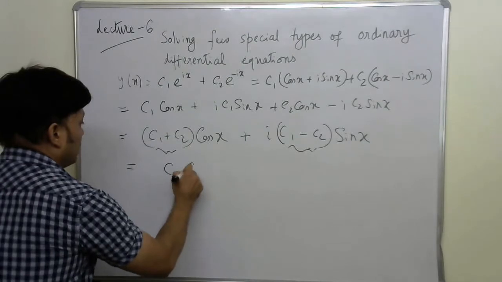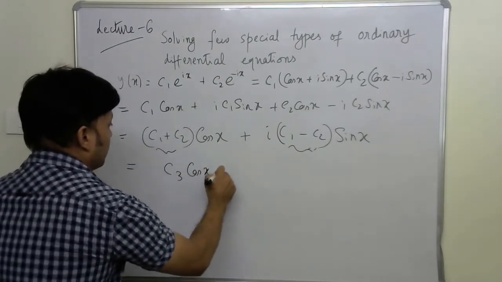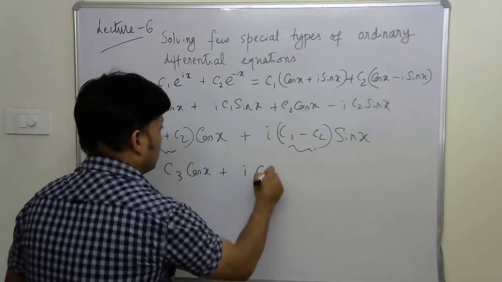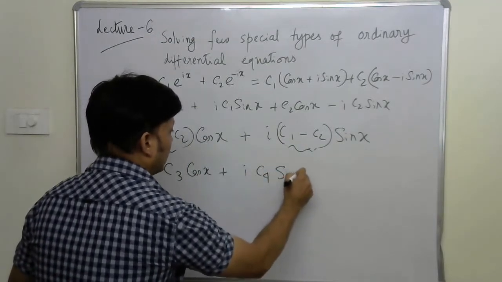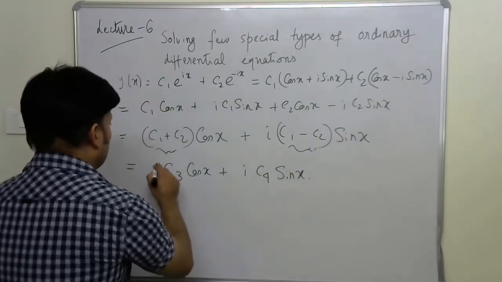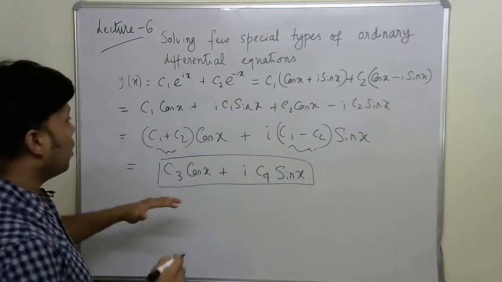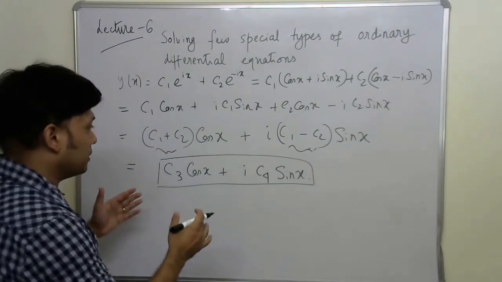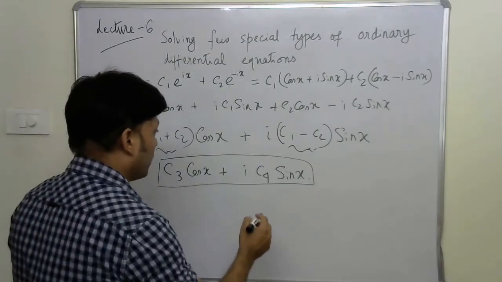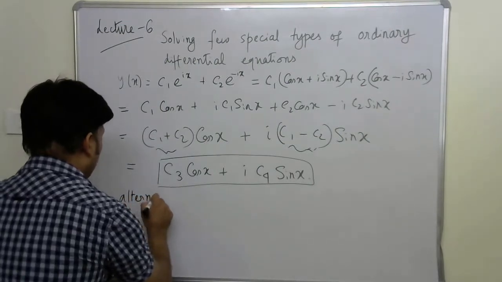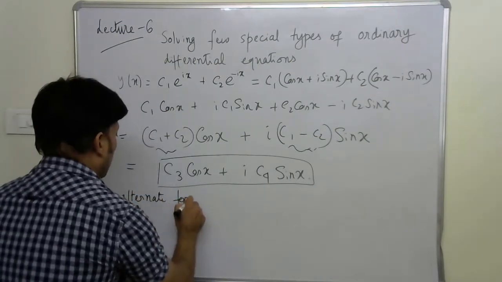So C3 cos x plus, we can write it i C4 sin x. Okay, so this is an alternate form of the general solution of the type that we are currently discussing. So this is one of the forms, and we can write the alternate form. So alternate form was of course written on the top.